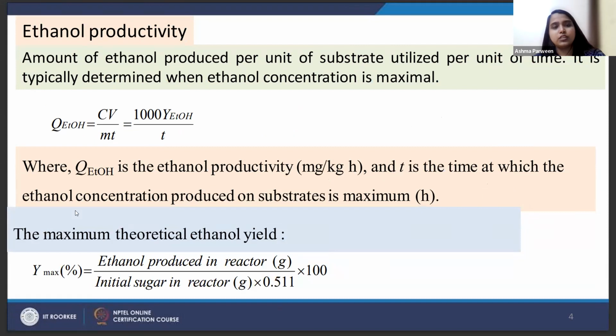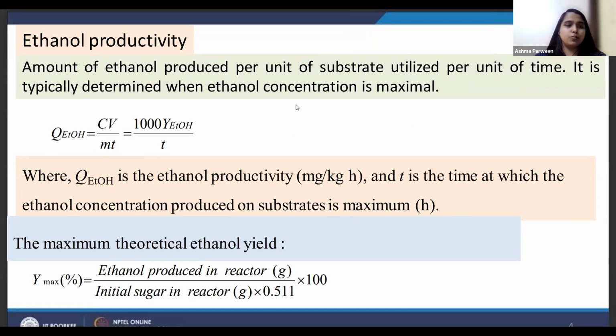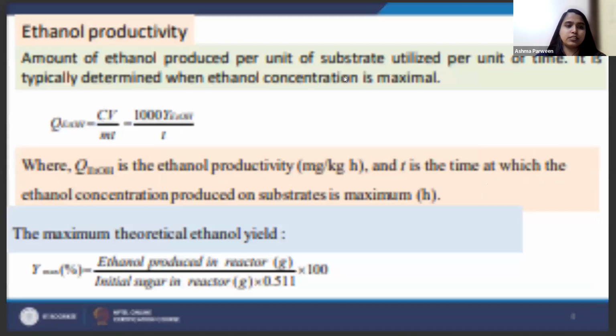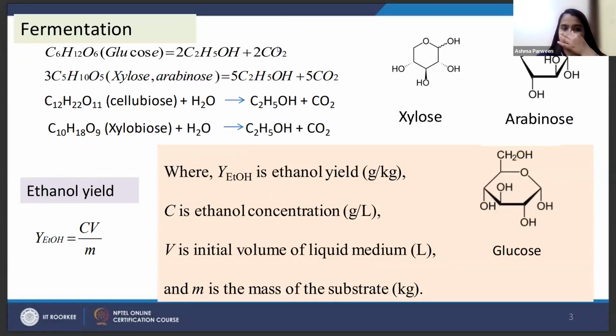So ethanol productivity is the amount of ethanol that is produced per unit of substrate utilized per unit of time. Basically, ethanol productivity is ethanol yield per unit time.